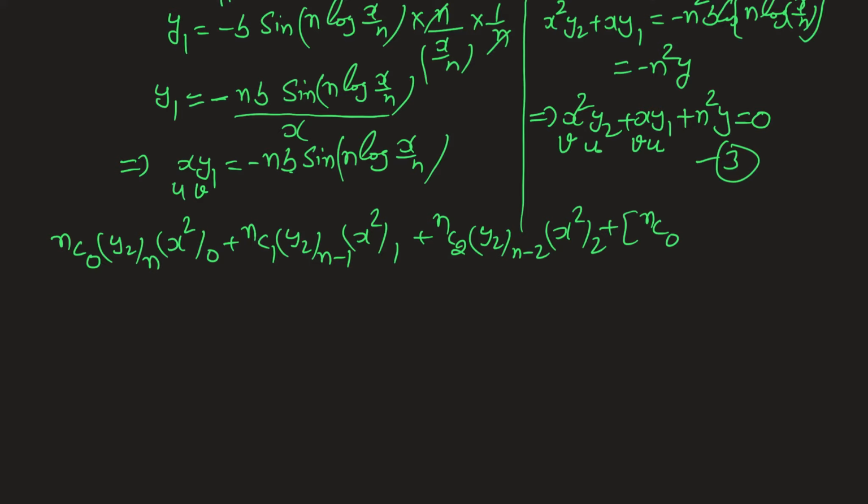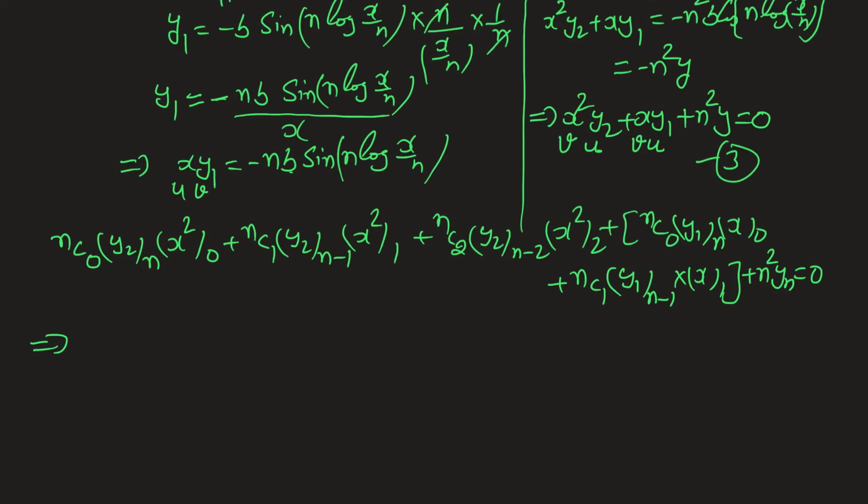Here we are applying this to x y1, so this will be nC0 y1 (nth order) x plus nC1 y1 (n minus 1) into first order of x, plus n square y_n equal to 0.